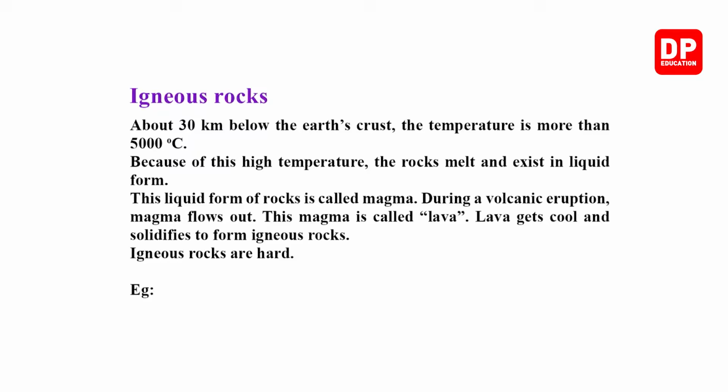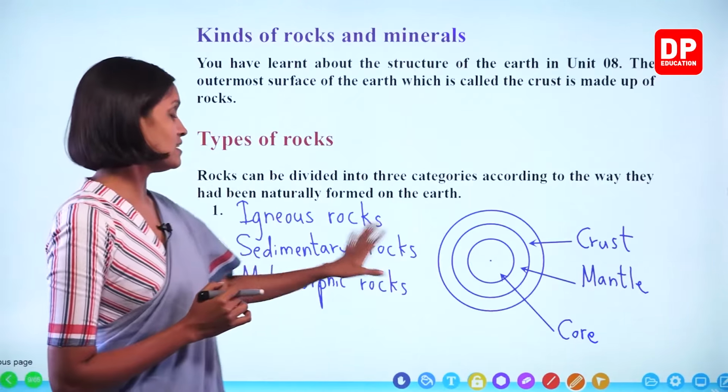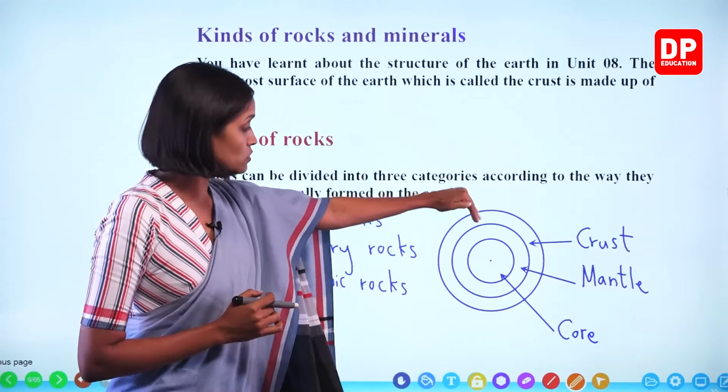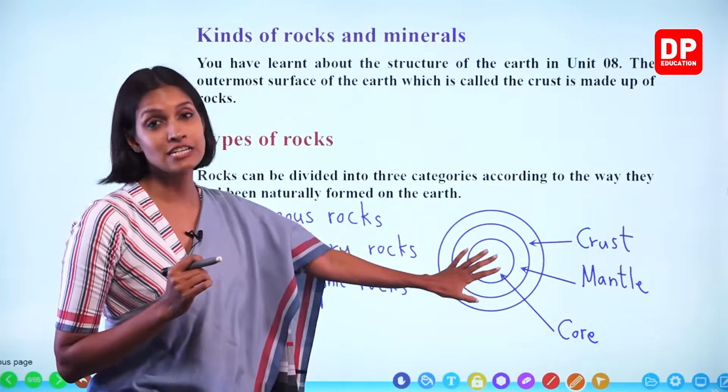About 30 kilometers below the earth's crust, the temperature is more than 5,000 degrees Celsius. We learned in the 8th lesson that when we go from the surface to the inner layers, the temperature increases.